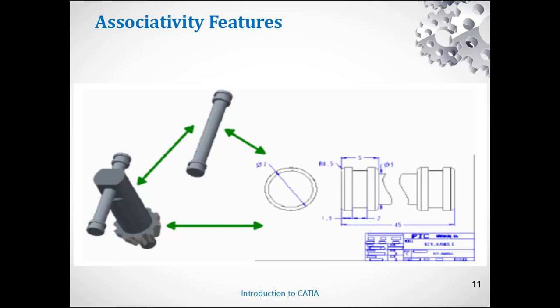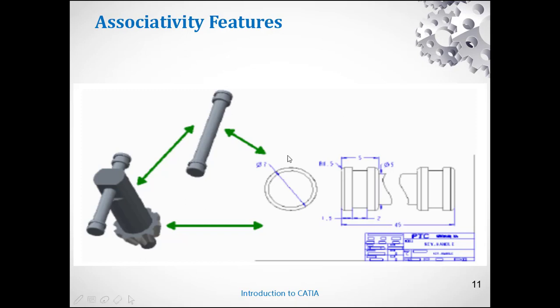So when we do all these things, we have a single part. For that particular part, I have generated the drafting as well, and I have utilized that part in the assembly as well. Now if any modification comes into the picture, say I have a revision of a part.